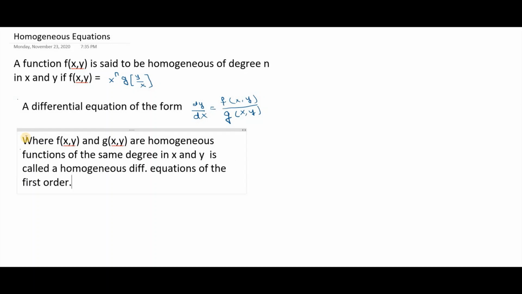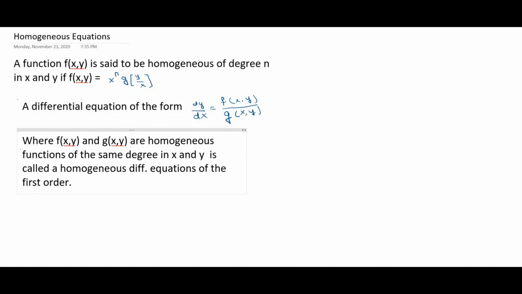So please remember, a differential equation of the form dy by dx is equal to f of x comma y divided by g of x comma y, where if f and g have the same degree in x and y, then you can say that the given differential equation is a homogeneous differential equation.